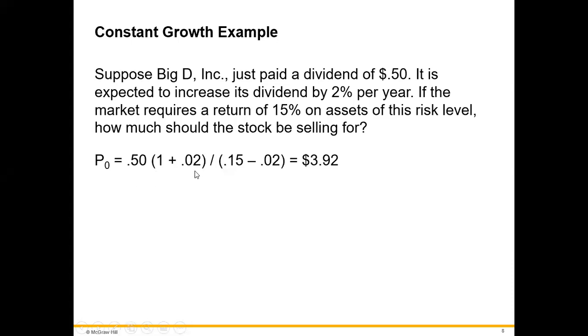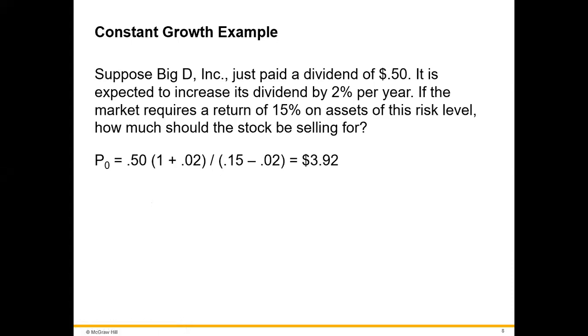That'll be your dividend year 1. Then divide that by your market rate of return minus the growth rate. And you'll get $3.92. So this is really important. If they give you the dividend just now, time 0, you need to grow that and determine the proper dividend amount at year 1.